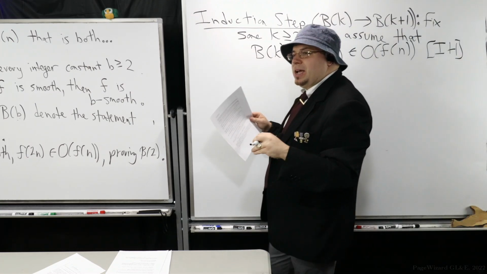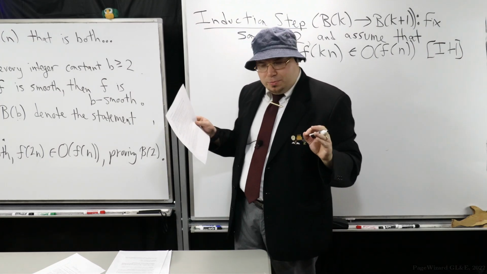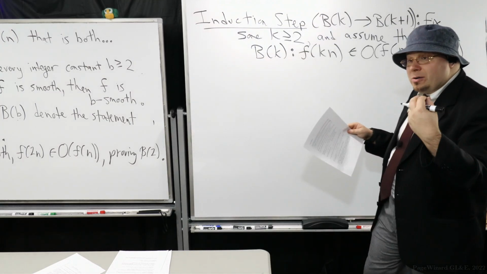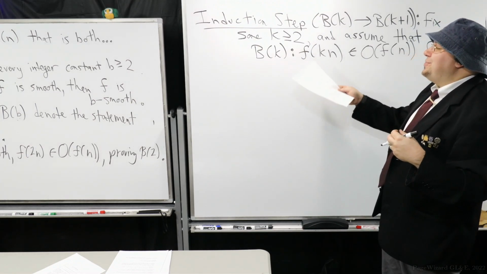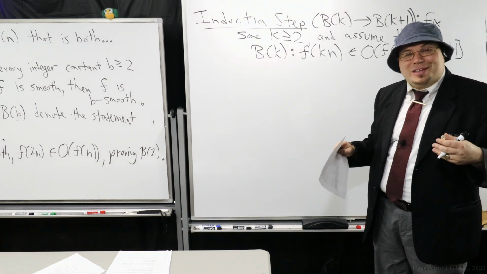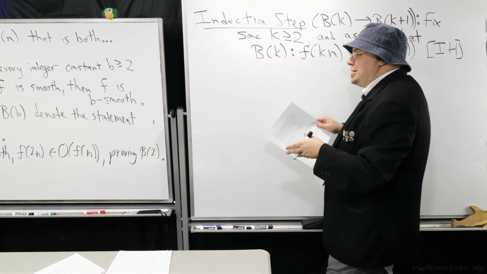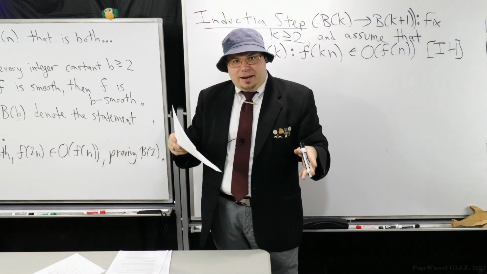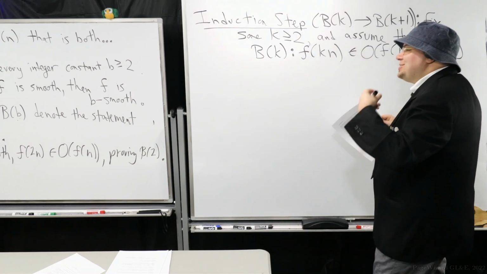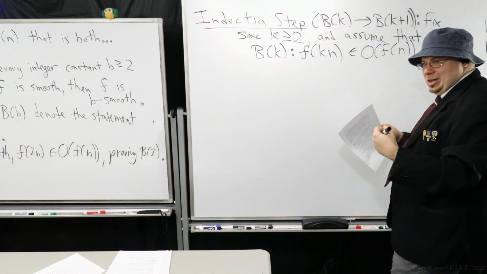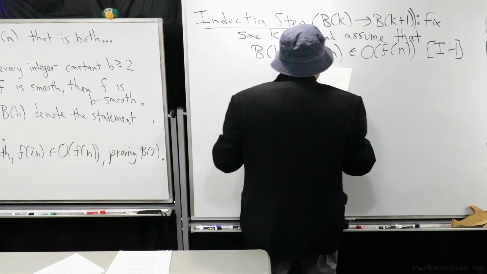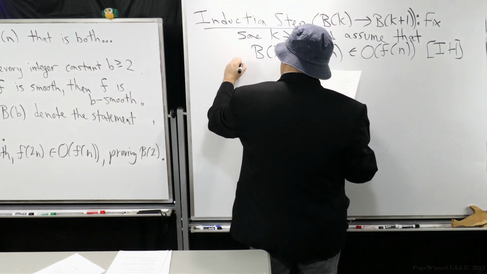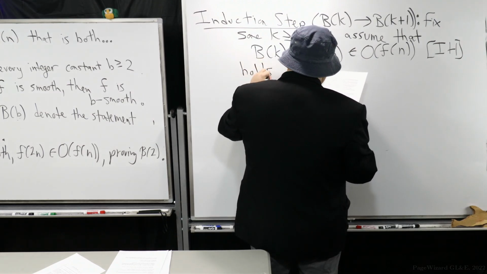I'm going to presume this because if I want to prove that b of 3 is true, then I'm going to presume that b of 2 is true because I already showed you b of 2 is true. So the idea is I'm going to show you from any one previous rung how to get to the next one. But the idea is I must use the previous statement to help me get there. That's at least the way I'm using the induction here. So I'm going to presume that this holds.